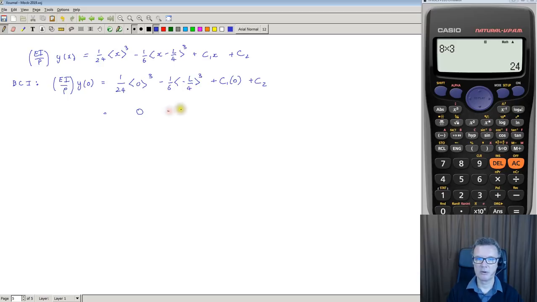So that's a 0. And a 0 times C1, so that's going to be a 0. So your C2, and where is the position when y is at x equals 0? 0. So therefore, C2 equals 0. Boundary condition 2.